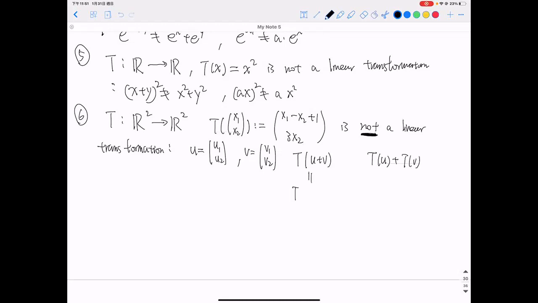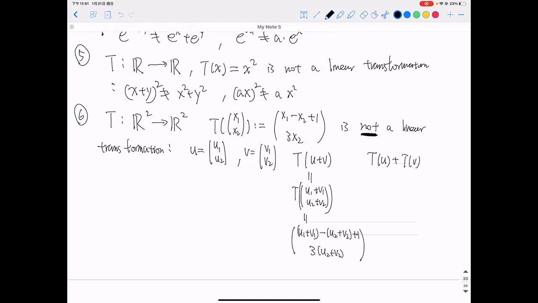T of u plus v is T of (u1 plus v1, u2 plus v2), which is (u1 plus v1 minus (u2 plus v2) plus 1, 3(u2 plus v2)).